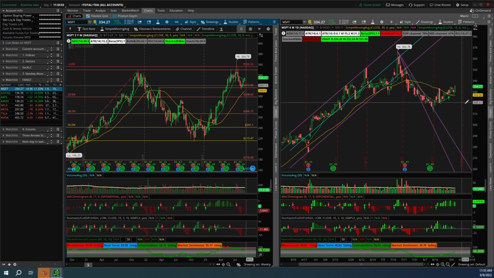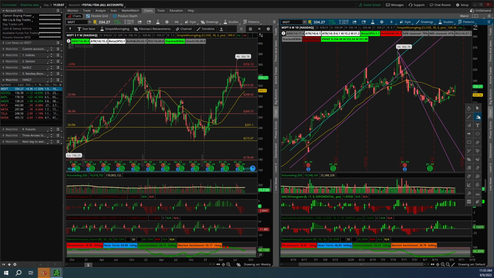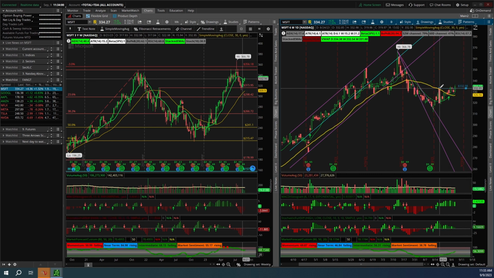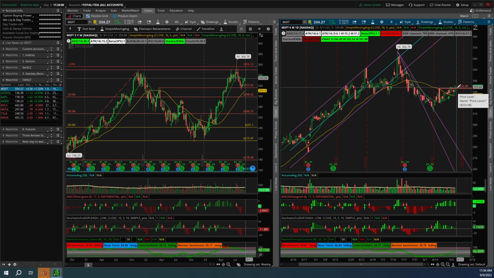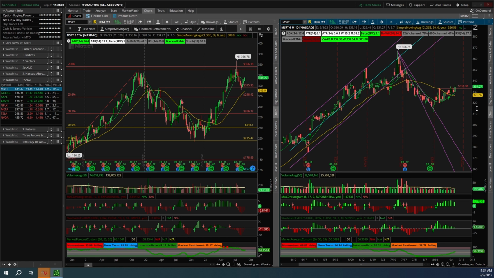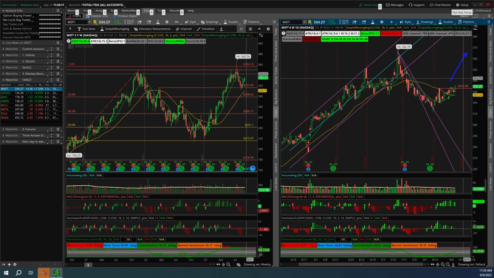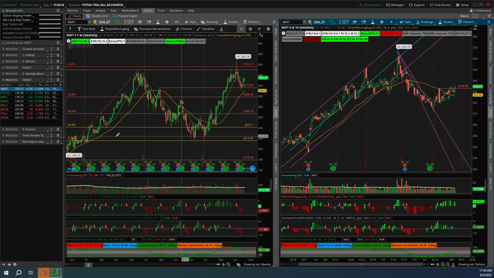Now the critical level here is this level that I'm going to mark. Actually, I'm going to put it there. So we are above. I would expect that there's going to be a revisit to the 332 or 333 level, and then continue. Hopefully the move to the upside in Microsoft.